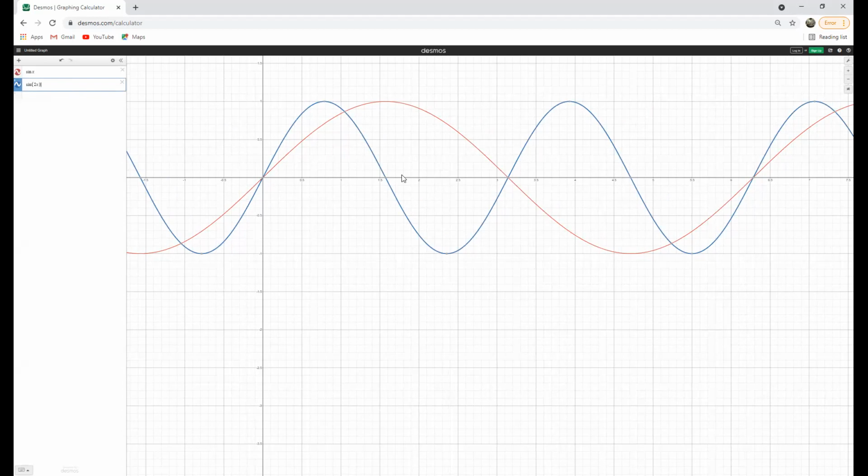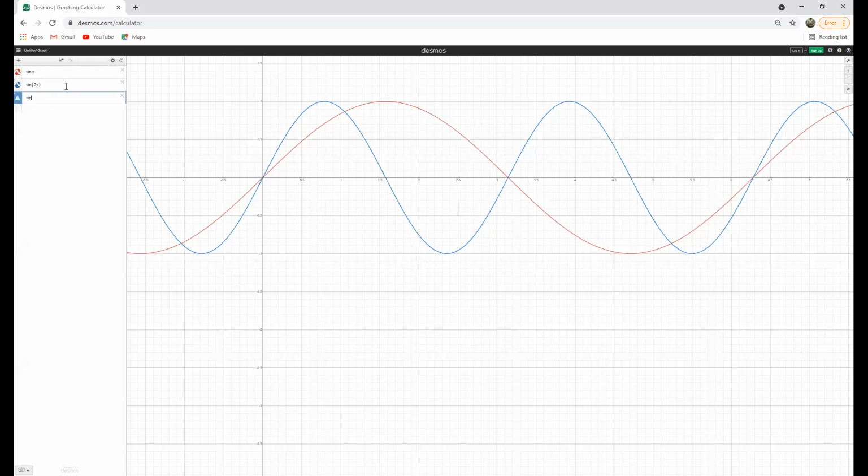You actually see the change in the period of the function. This blue function doesn't have the same period as the sine function. Very well. My sine function has period 2 pi. This is the red function. And here, the blue function, sine of 2x, has period pi. It repeats itself after each pi.